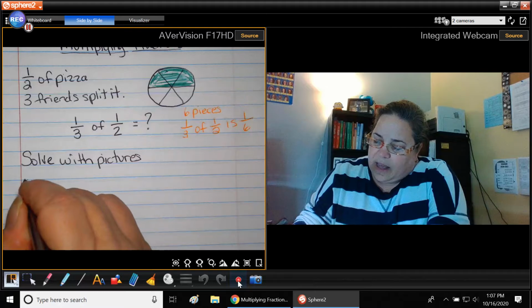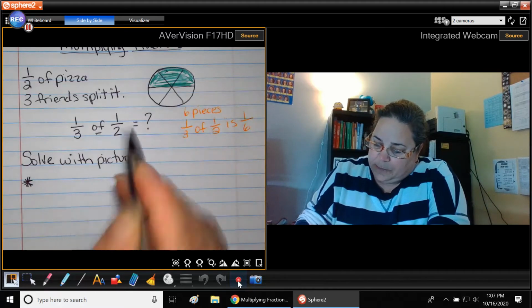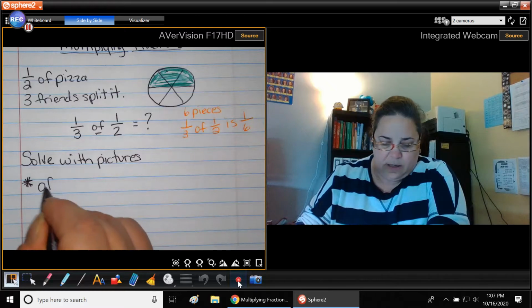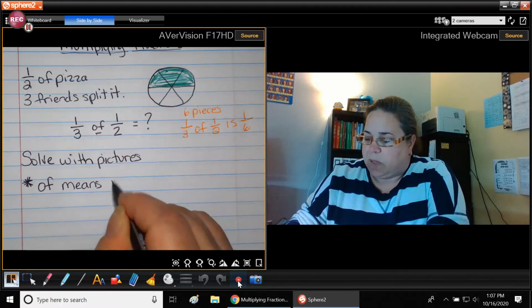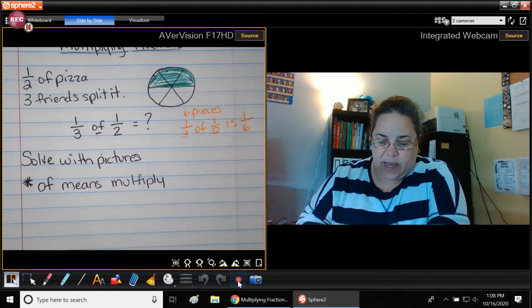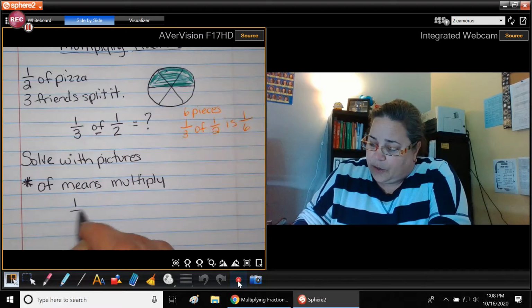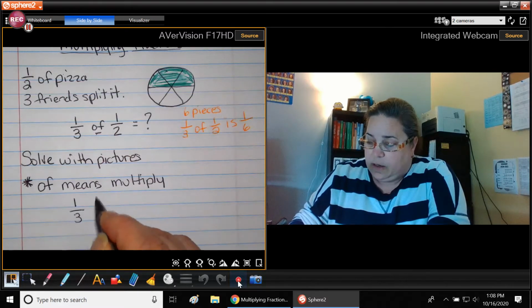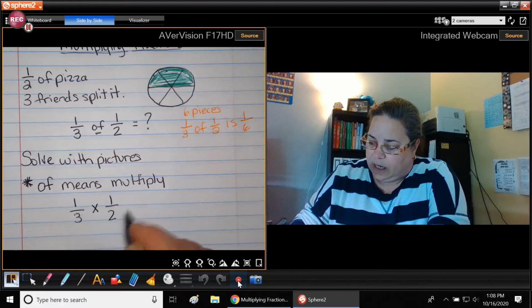Remember that when you see this word right there, of, means multiply. Okay, so essentially what that's saying is 1/3 of 1/2 equals.